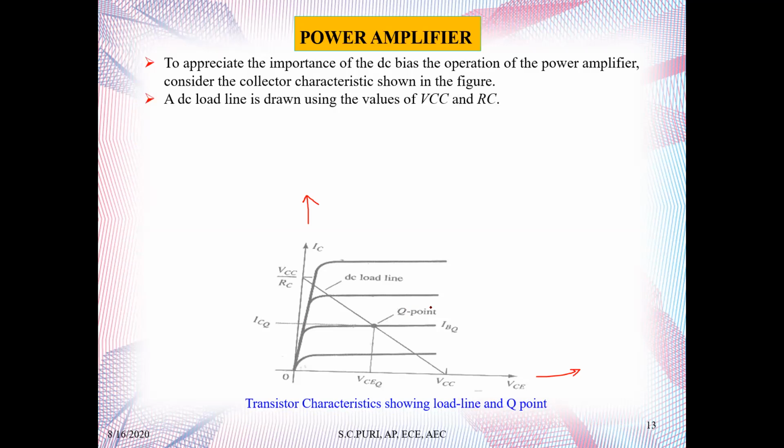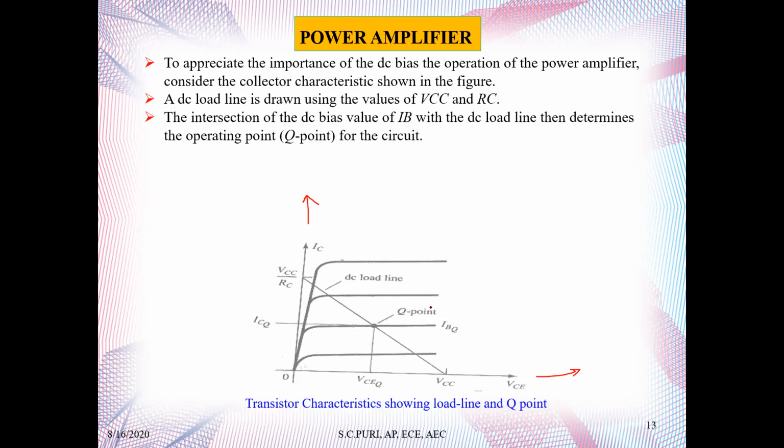A DC load line is drawn using the values of VCC and RC. The intersection of the DC bias current IB with the DC load line then determines the operating point Q for the circuit. The Q point values are those calculated using the equations shown.